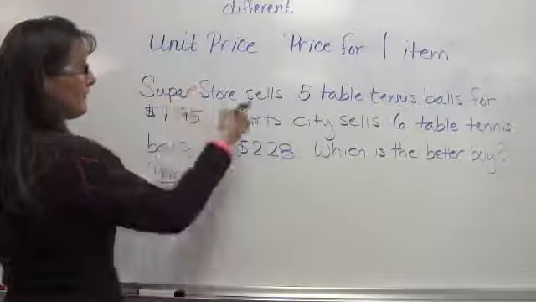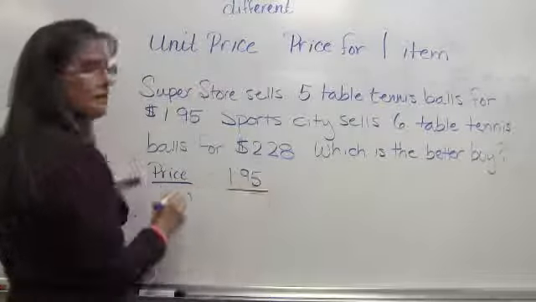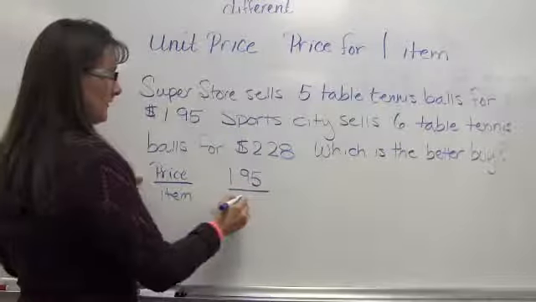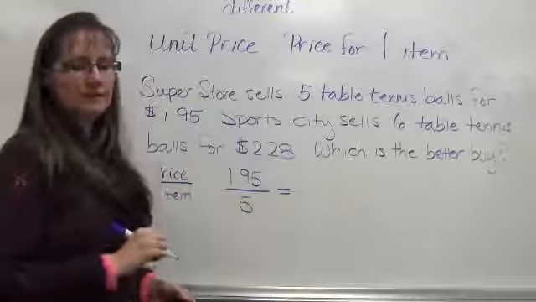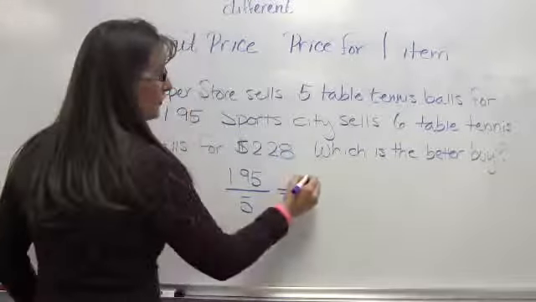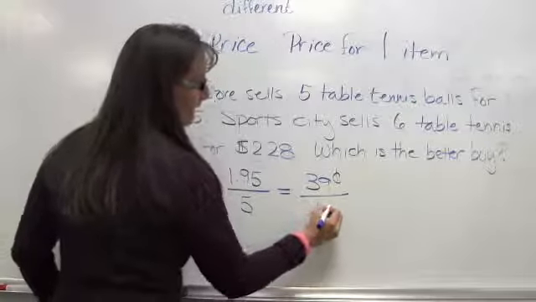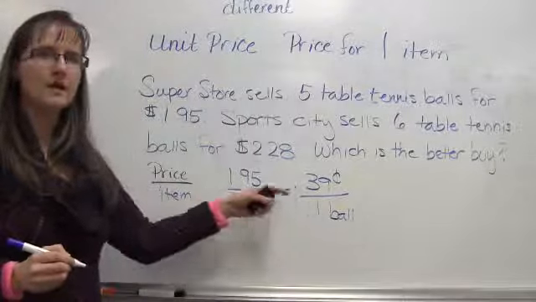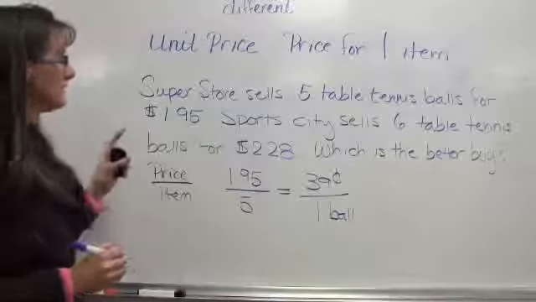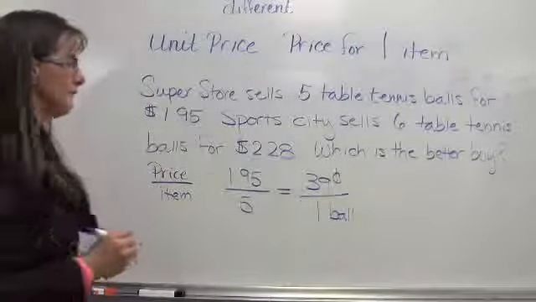So my money for 5 balls is going to be $1.95, and I will be dividing that by 5. When I do this division, I discover that it is 39 cents for 1 ball. Now I've taken it to a unit rate. I'm going to use that same math to see how much Sports City sells 1 ball for.